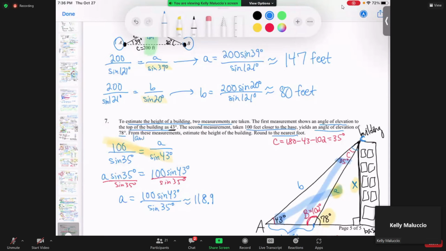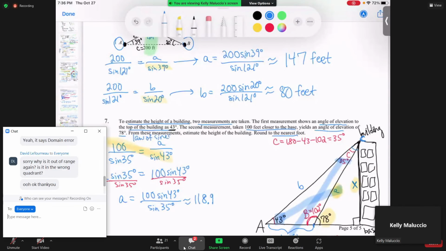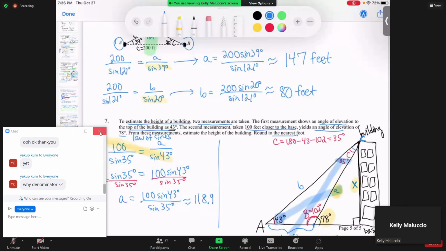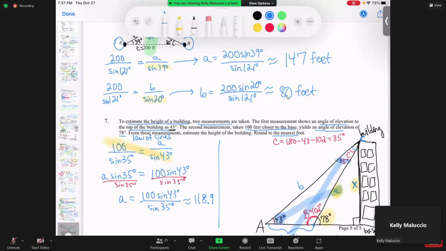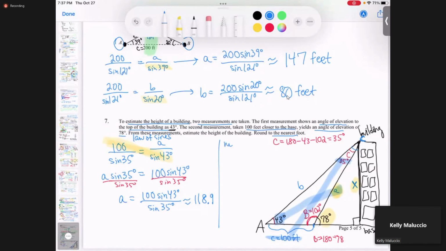So we've used, this was law of sines. Next, we use right angle trig, because we look at our SOHCAHTOA, like I said.